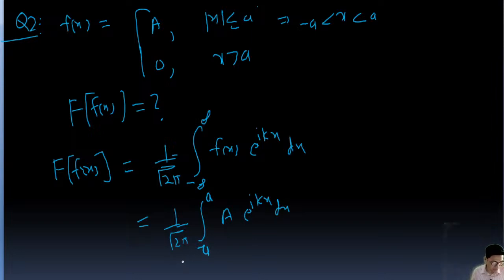Now we are going to solve it. This is the Fourier transform, so we can write f(k) here.